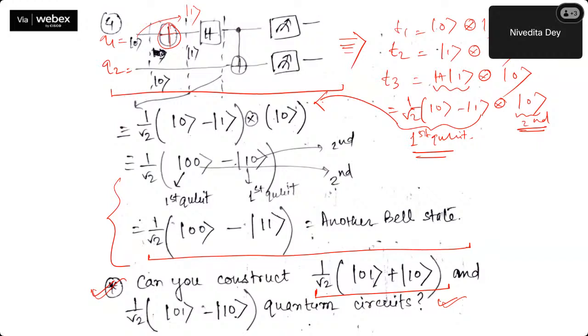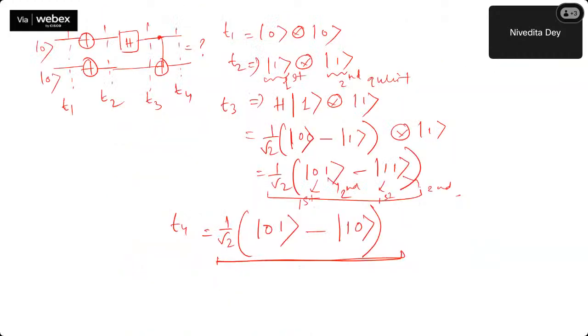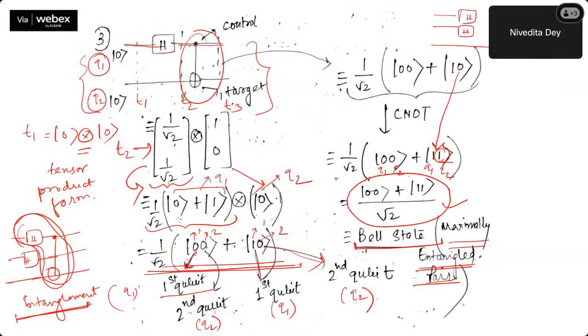Okay, think of it this way: once I had these things, say |00> plus |11>, through the circuit. In question number 3, you can check that I had these particular steps, (|00> plus |11>) by root 2. Now I want to build (|01> plus |10>) by root 2. After all the circuit is done, if at this stage I apply a NOT gate on qubit 2, will it work?